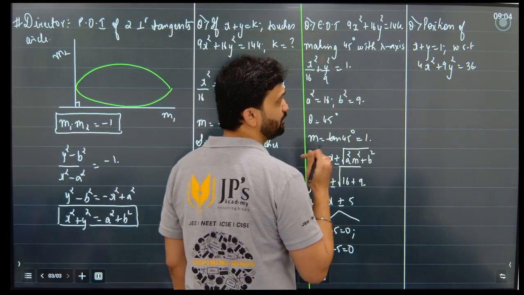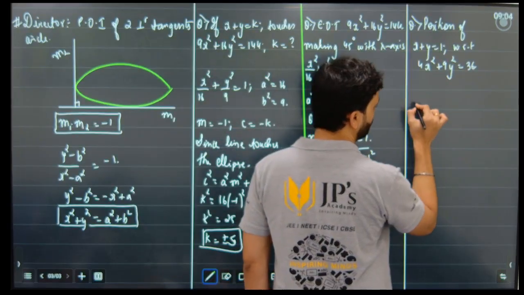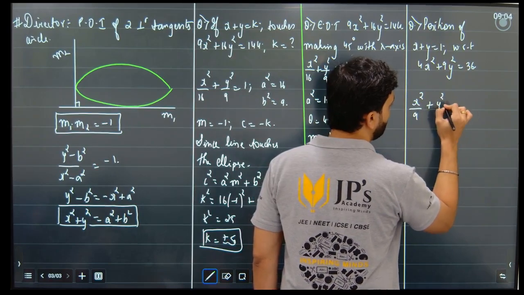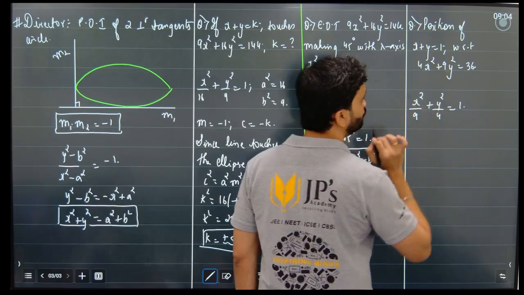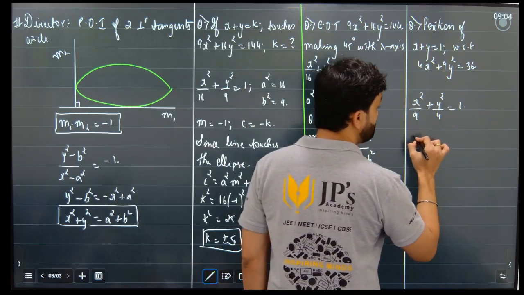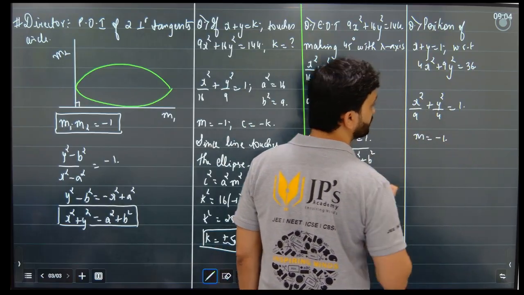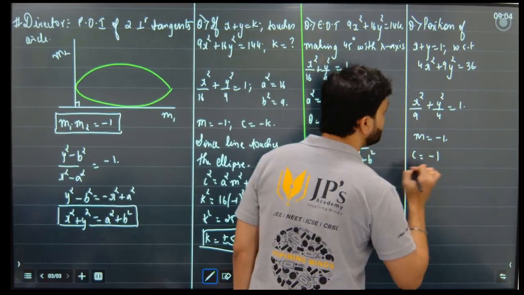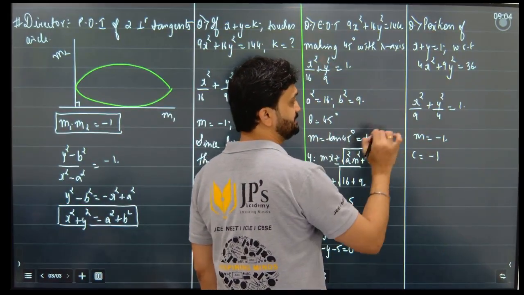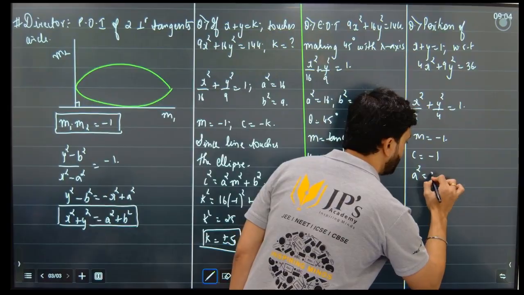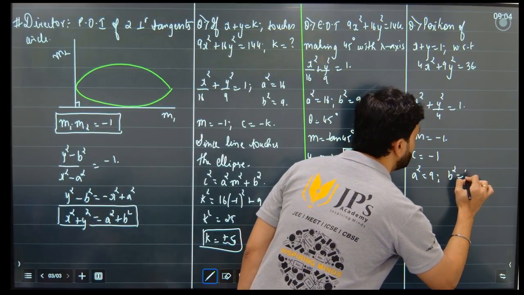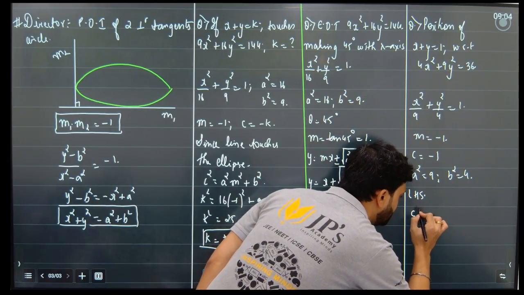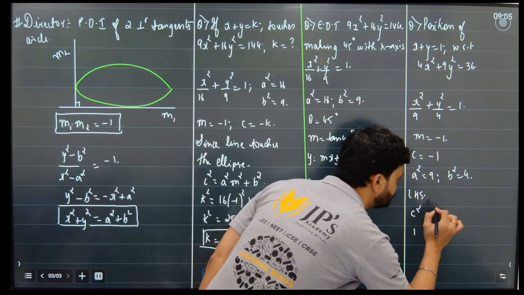So now I have to understand the position of the line. See what I'm going to do. First, when I divide by 36, it will become x square by 9 plus y square by 4 is equal to 1. m is minus 1 and c is minus 1. a square is 9, b square is 4. I will take c square, LHS. LHS is c square, which is 1.